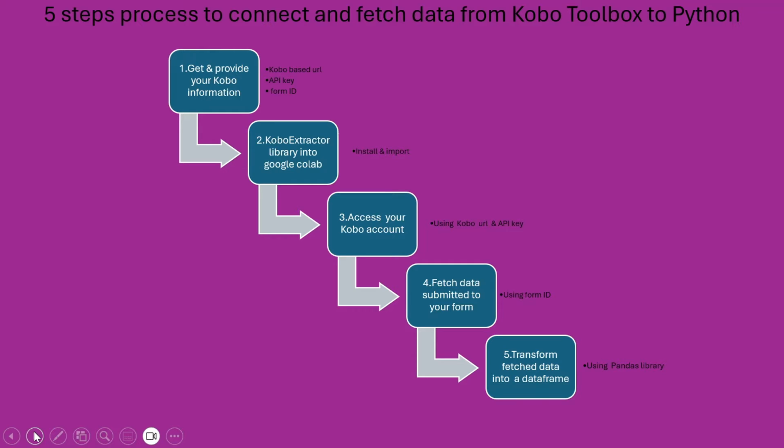The fourth step, which is the heart of this video, is to fetch data submitted to your form, and we'll be using the form ID to get the specific data. And the last one is transforming the fetched data into a data frame, and for that we'll be using the Pandas library, which is already installed in Google Colab.